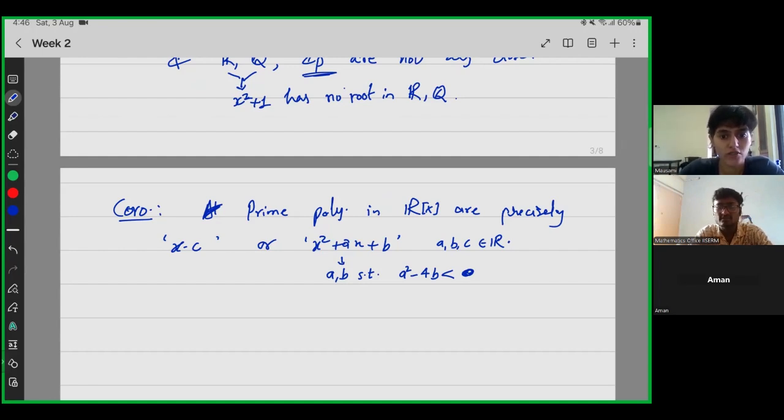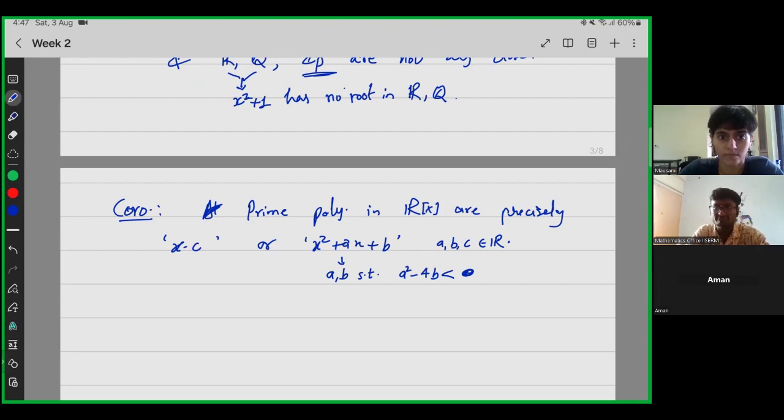If the field is algebraically closed, then it's also the splitting field for any polynomial with coefficients inside it, right? No, not necessarily. For example, C is algebraically closed.